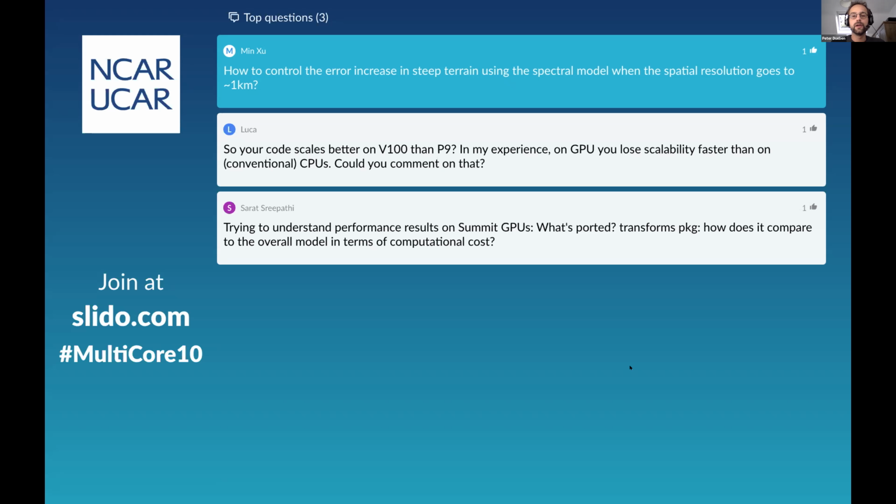It's a bit of a trial and error thing to some extent: you run the model and look whether it's going to be stable or not. But in particular for the hydrostatic case, I don't think that's an extremely big problem. With a normal configuration, we were able to run this case. For the non-hydrostatic case, we had to play a bit with the time stepping scheme, but again, I don't think that's going to be a huge problem.